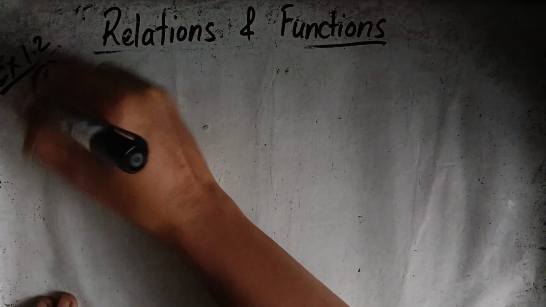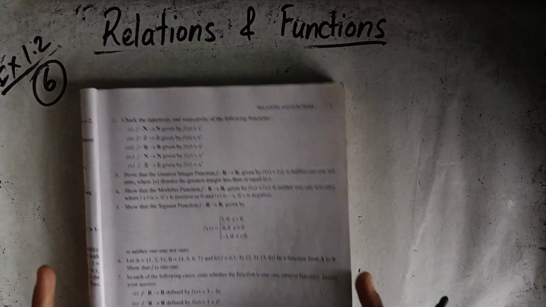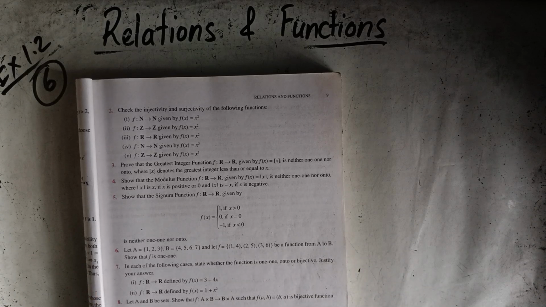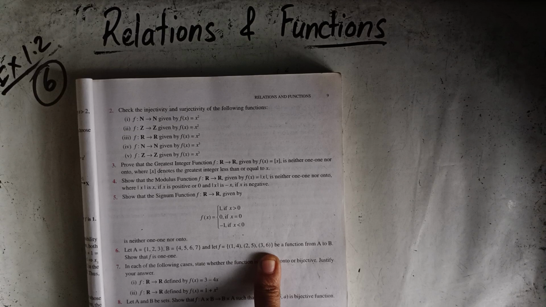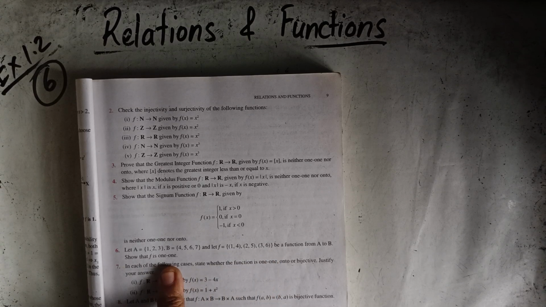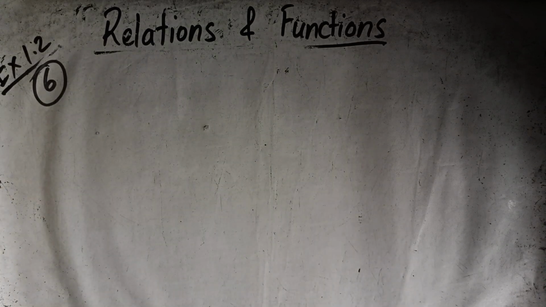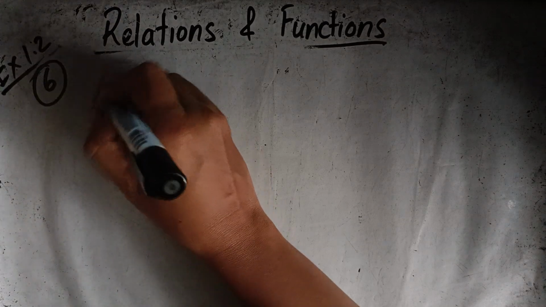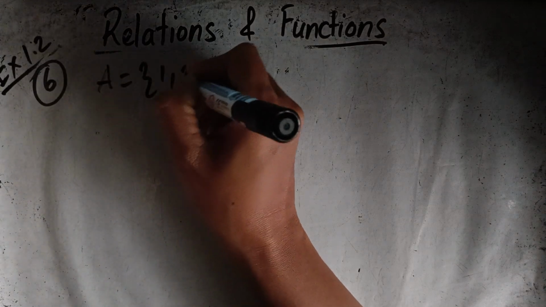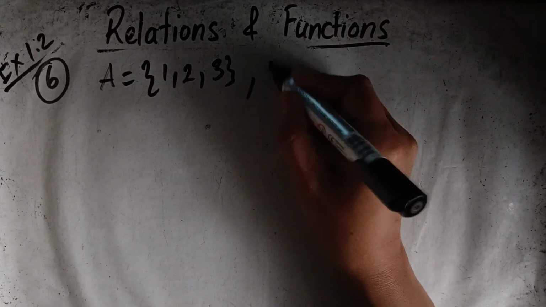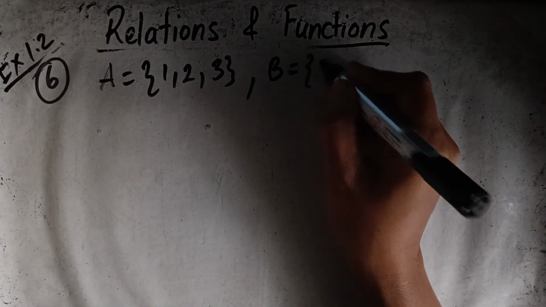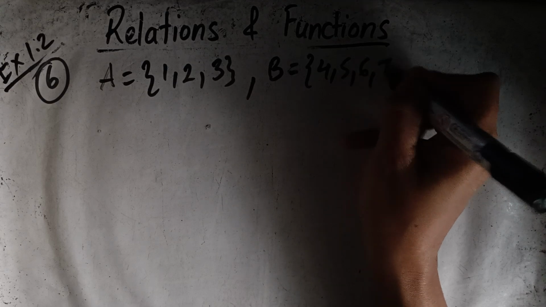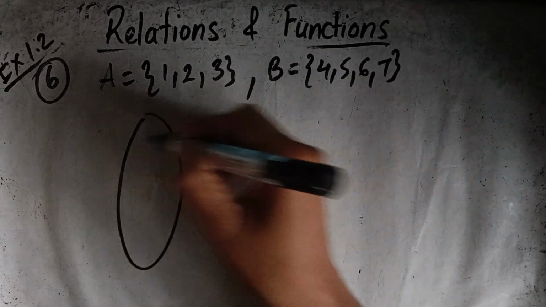Question 6. Let A be {1, 2, 3} and B be {4, 5, 6, 7}. Let f be a function from A to B, show that f is 1-1. Okay, so A set is 1, 2, 3, B set is 4, 5, 6, 7. Okay, I'll draw the diagram.